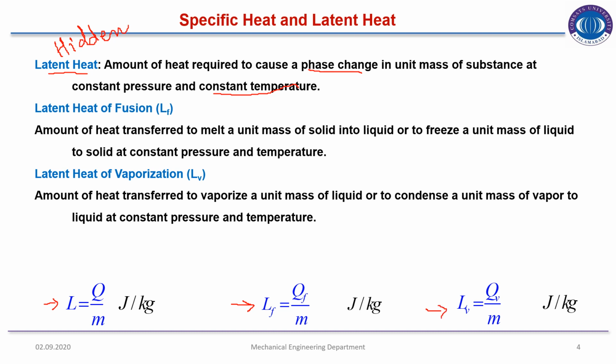The formula to calculate latent heat of vaporization is LV is equal to QV divided by M. QV is the amount of heat supplied for the vaporization process. The units are joule per kg or kilojoule per kg.